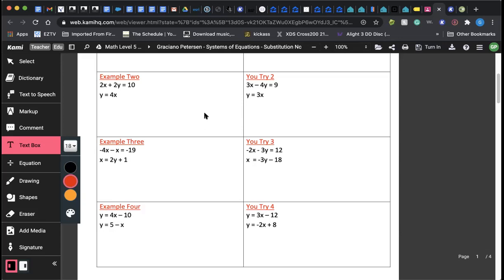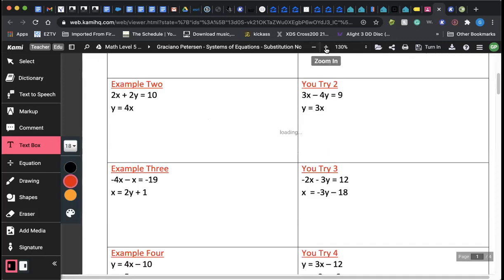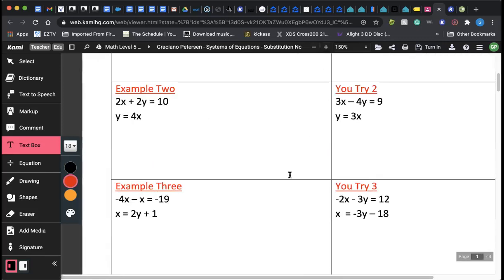So you take one solution and you put it in as the answer to your other equation, and then you solve, right? So if we start here with example number 2, we have 2x plus 2y equals 10, and y equals 4x. So what we're going to do is take the solution that we already have and plug it into the other equation. So we're going to replace y with 4x.